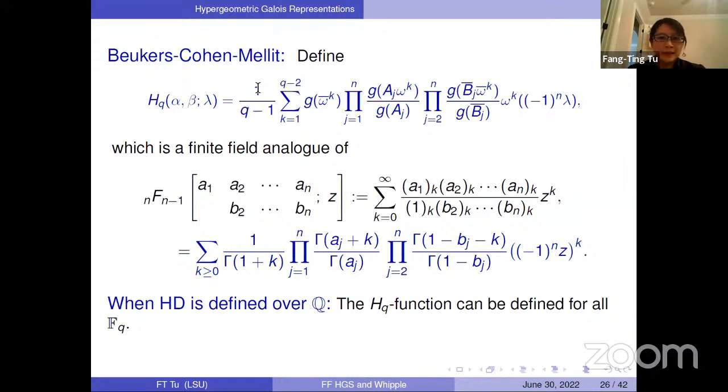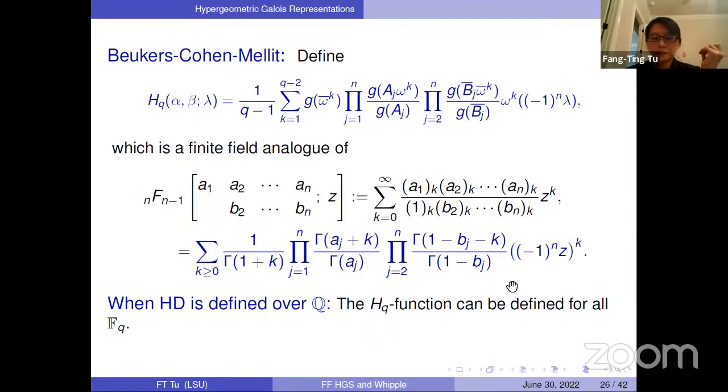BCN's HQ function is defined in terms of Gauss sums, which is the finite field analog of the classical gamma function, when we write the coefficient in terms of the gamma function like this.